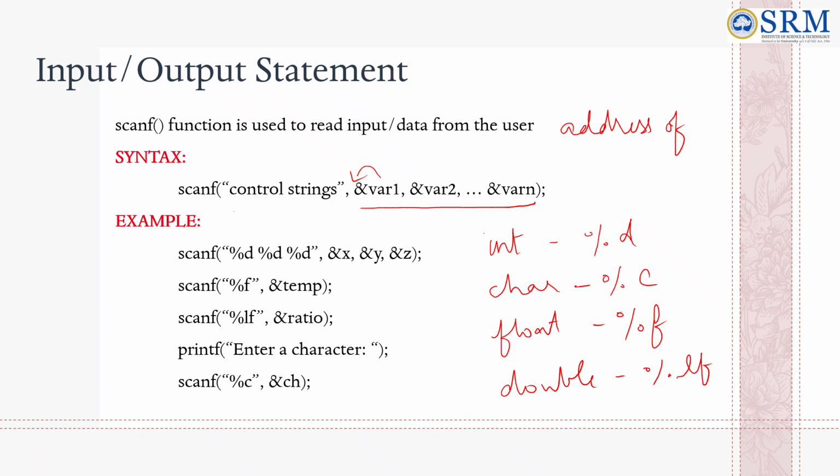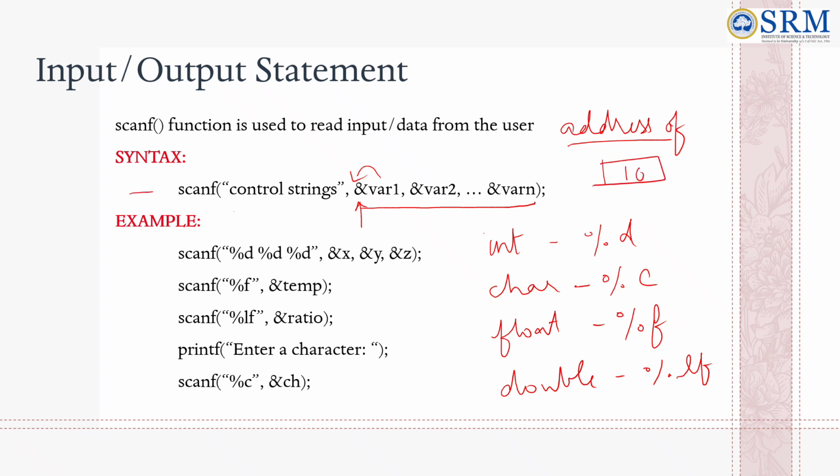And when the address locations are given, the values can be easily stored in that address location. That is the job of this ampersand operator. Ampersand operator is called the address of operator, which gives you the address of the variable where the value can be easily stored.